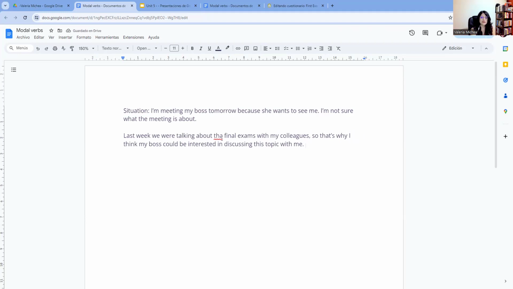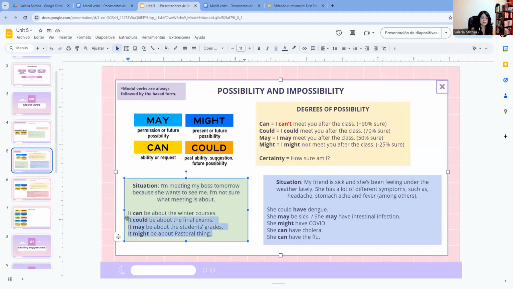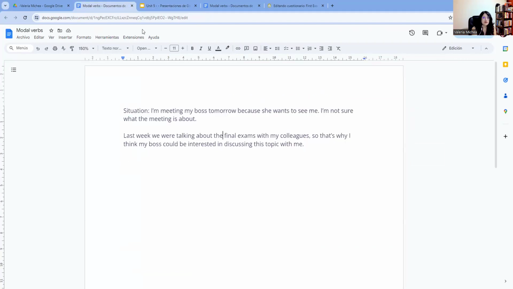So instead of just making a list of sentences like we did last class, which is something we all can do, now I want you to develop the idea. I'm using the modal verb in between a sentence, in between the whole idea.